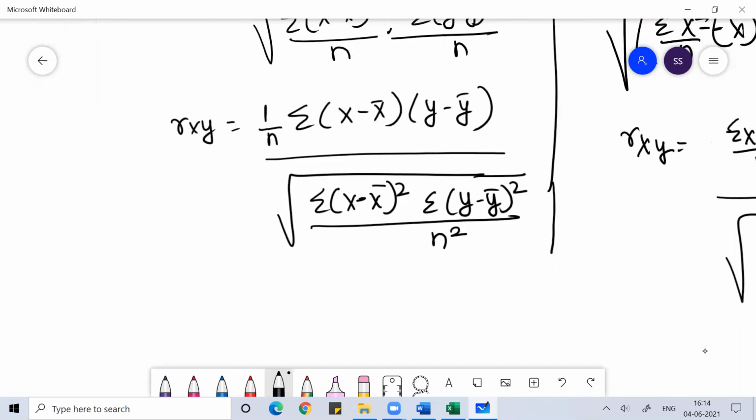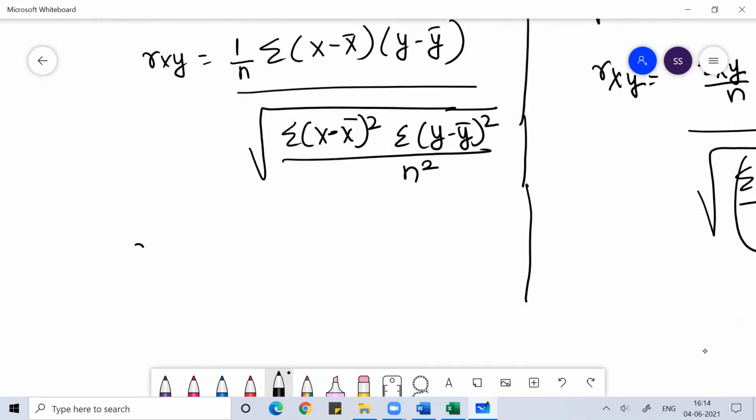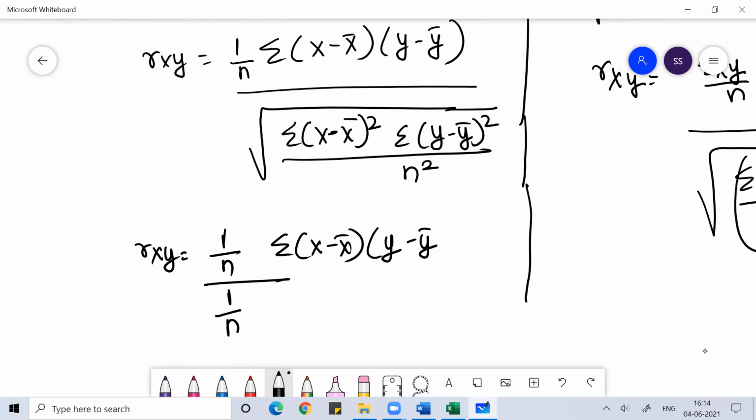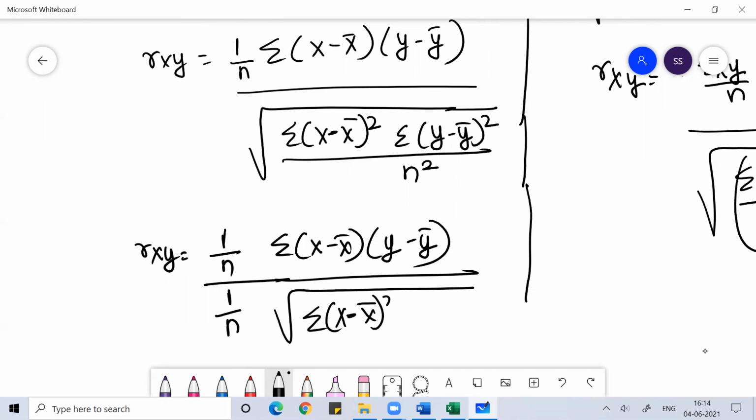So now I can write the value of r. If I bring outside r of xy, 1 by n divided by 1 by n, this is summation of (x minus x bar) into (y minus y bar), divided by under root of summation of (x minus x bar) whole square into summation of (y minus y bar) whole square. 1 by n I can cancel.